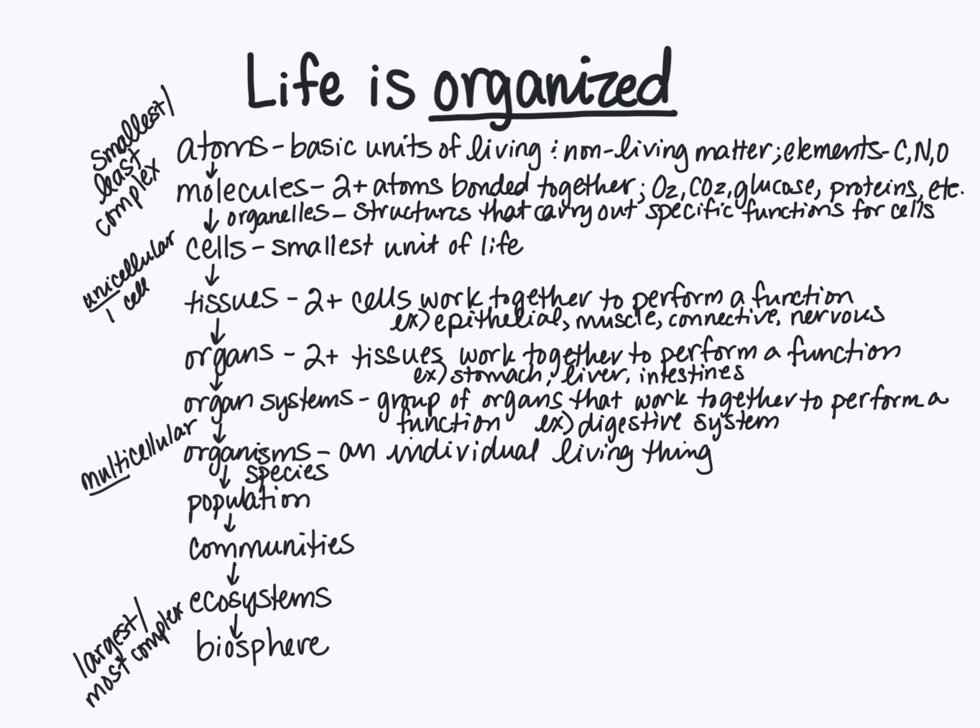Now, a species, remember, is just a group of organisms that are able to interbreed. So it's kind of a classification of similar organisms that can breed, or what we mean by that is produce offspring, so produce more of themselves.